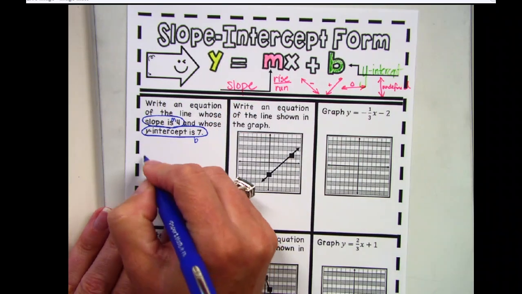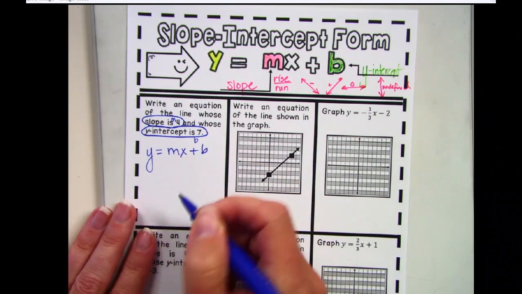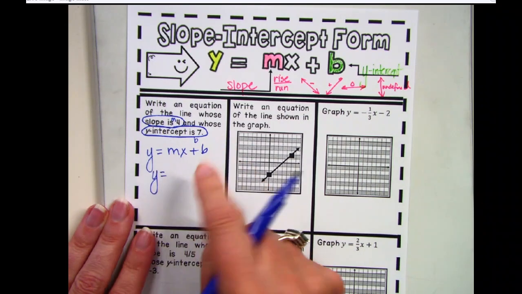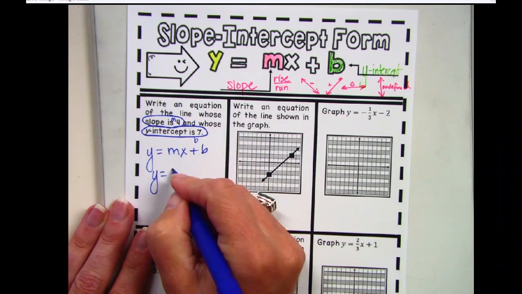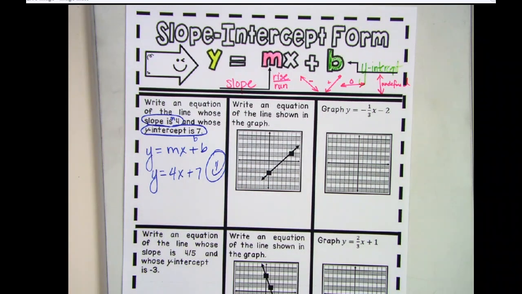B. So if we've got y equals mx plus b, what am I going to plug in for that m? 4x plus 7. And we are done because it gave me the slope and the intercept. So I need the slope and an intercept, and I can come up with the equation of a line.